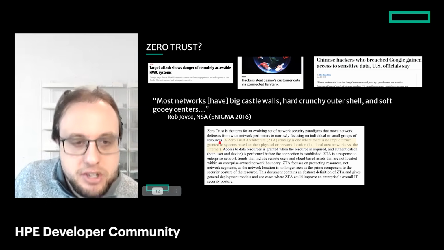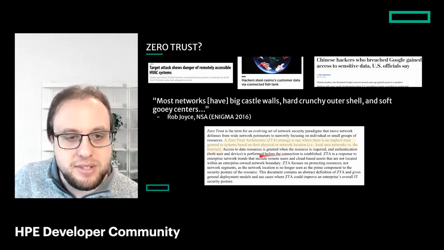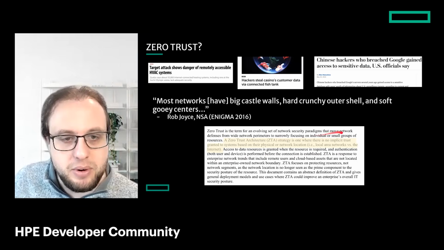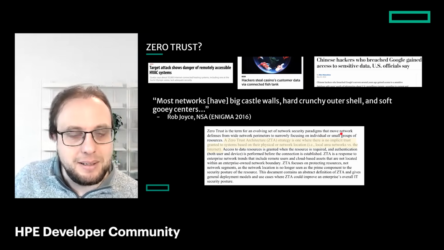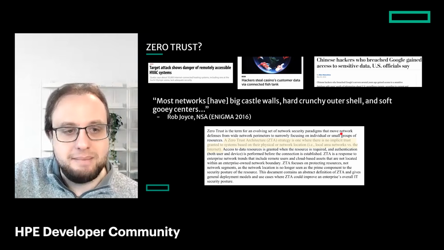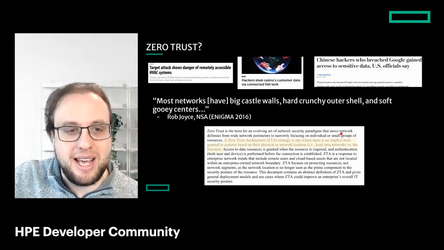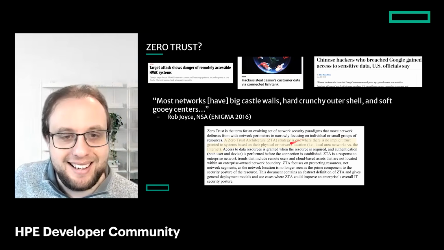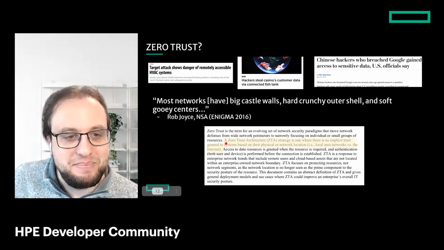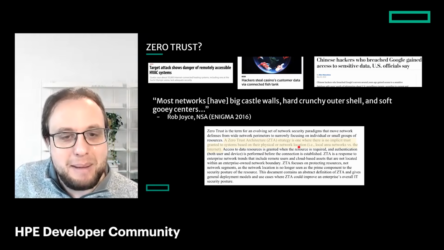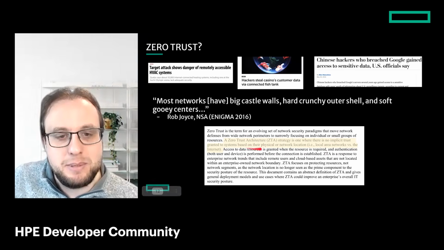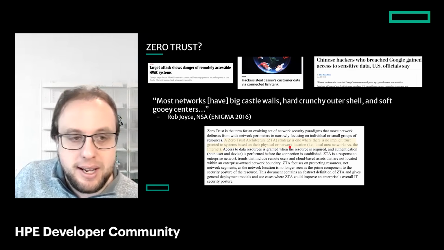So this is actually the official US government definition of zero trust architecture. This is from NIST. I like to put this in the presentation because it's an official definition, so you can't argue with it. Or at least not as many people can argue with it. But there's no implicit trust granted to systems based on their physical or network location.